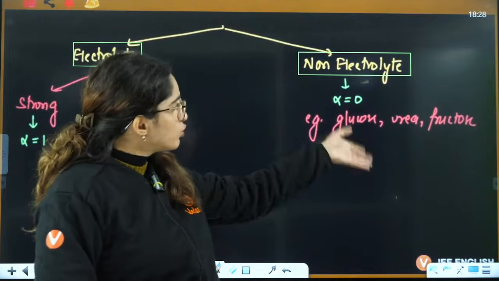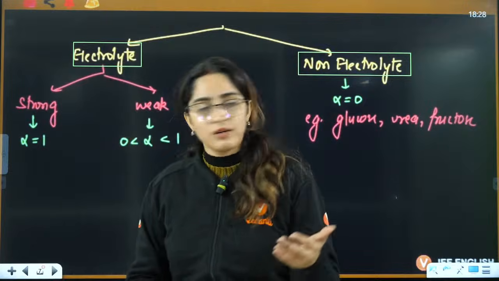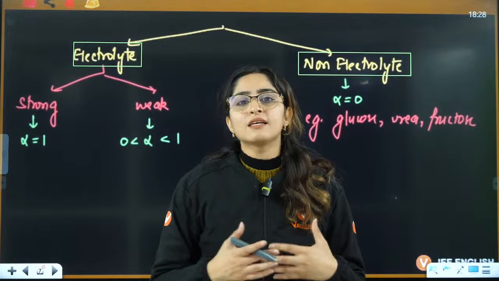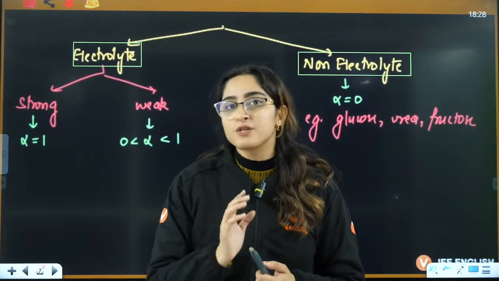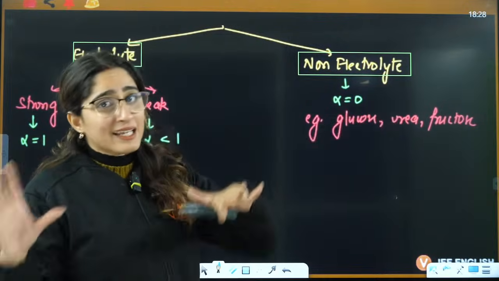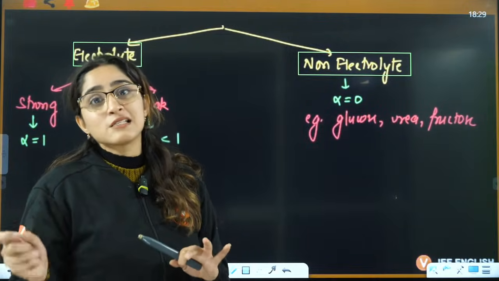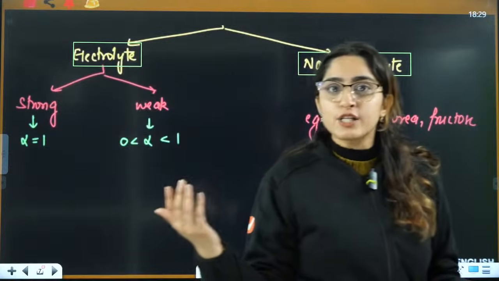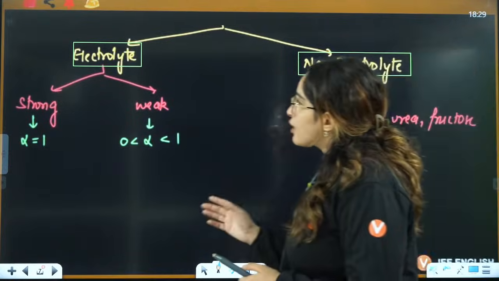For example, glucose, urea, fructose are not dissociated into ions. That's why we will not discuss non-electrolytes in ionic equilibrium. We are going to discuss electrolytes only, because ions you need.